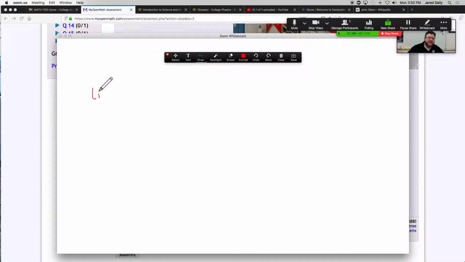And that is the difference between linear physics and rotational physics. In linear physics, we said that we were going to have some kind of displacement, displacement we called x, right?